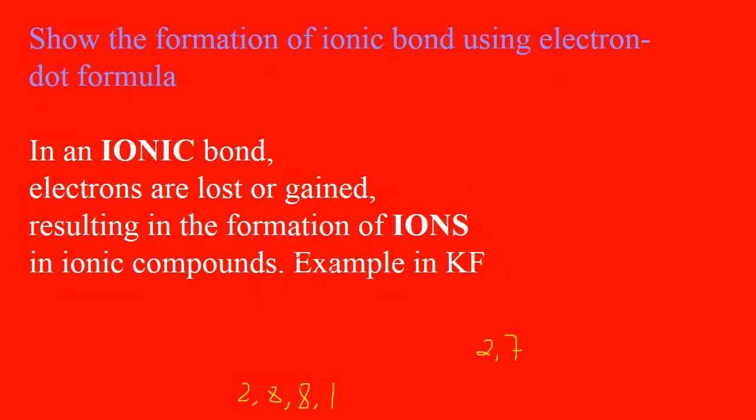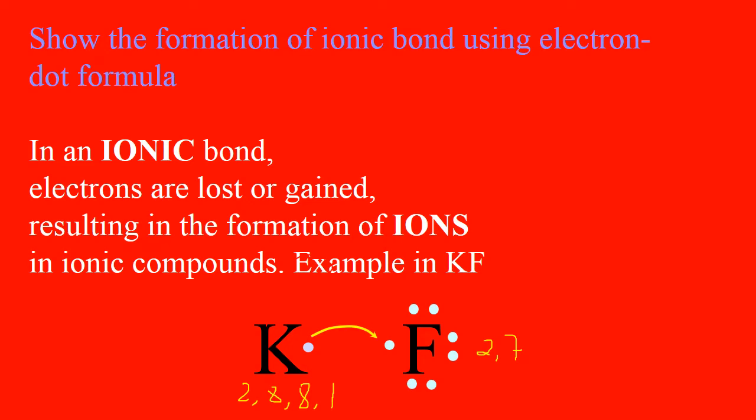Again, let's see the formation of ionic bond using the electron dot formula between potassium and fluorine. In an ionic bond, electrons are lost or gained, resulting in the formation of ions. For example, in potassium fluoride, potassium has 1 valence electron and fluorine has 7 valence electrons.